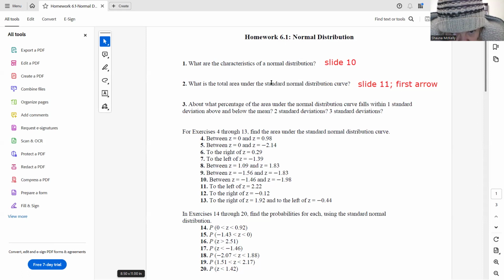Now, about what percentage of the area lies within 1 standard deviation above and below, 2 standard deviations, and 3 standard deviations. That's also on slide 11, part of it. But it's also on, let me take you there.